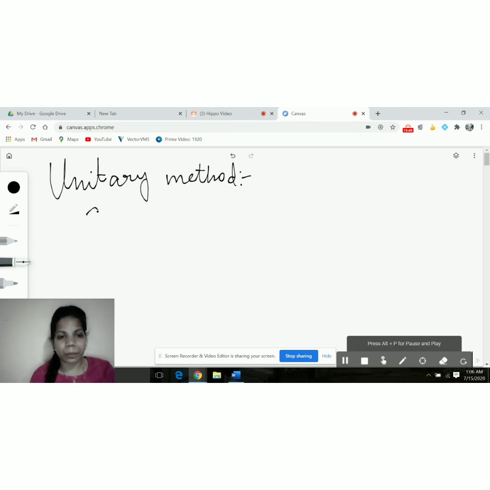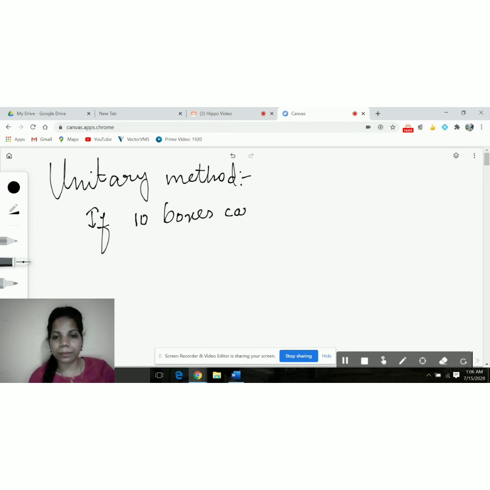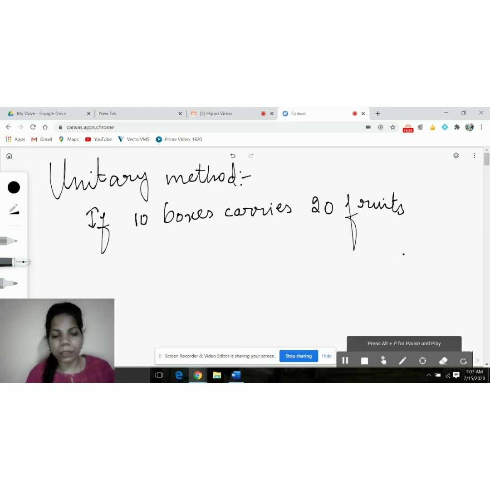If 10 boxes carries 20 fruits, then how many fruits can be carried by 12 boxes?